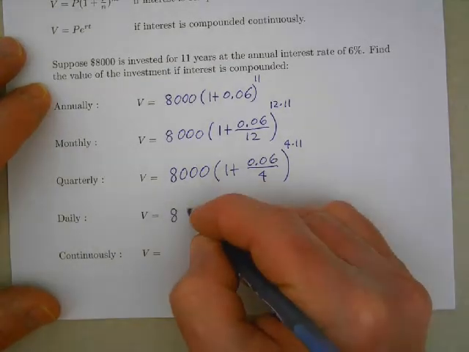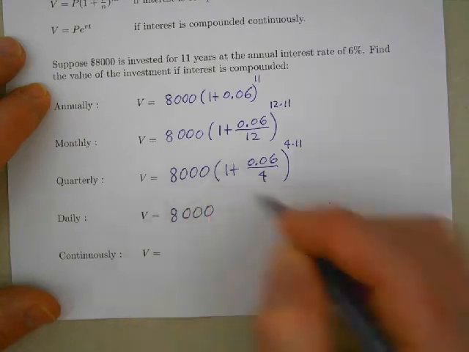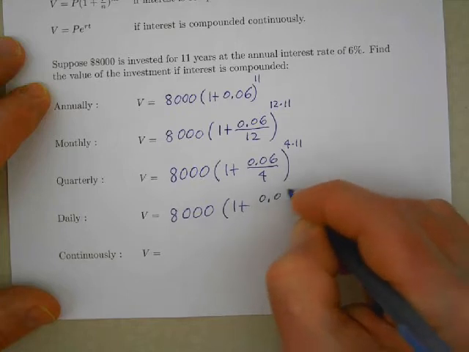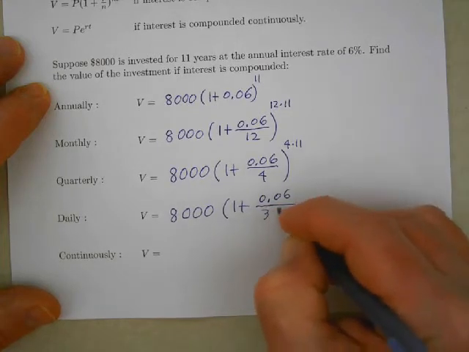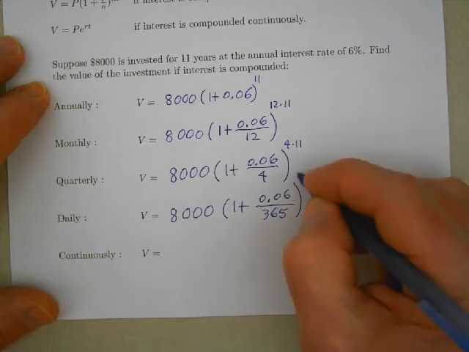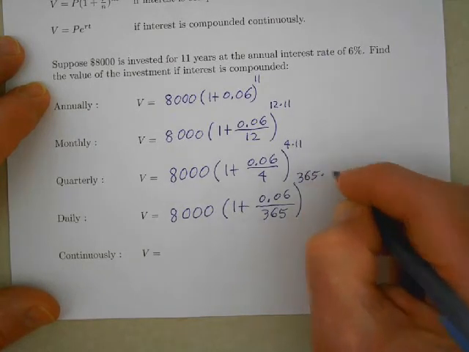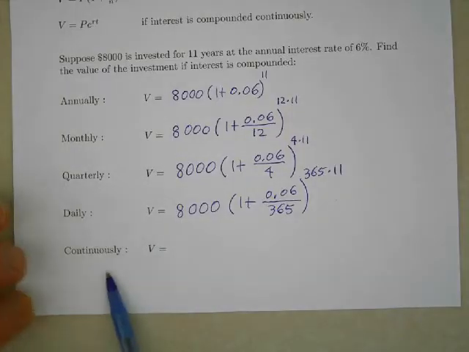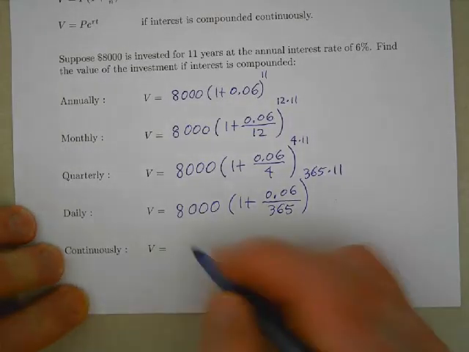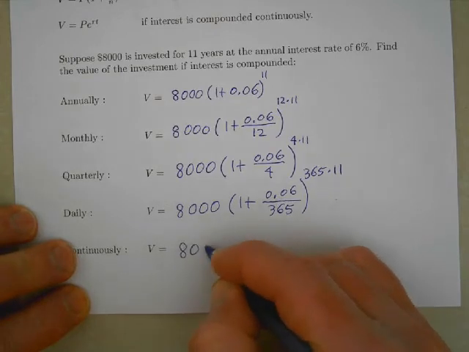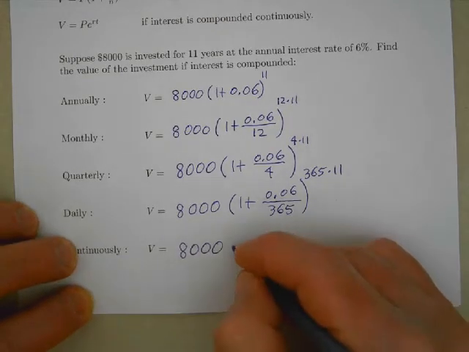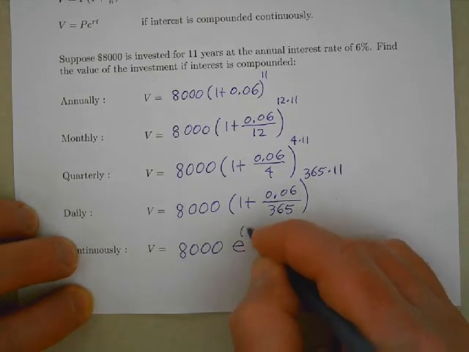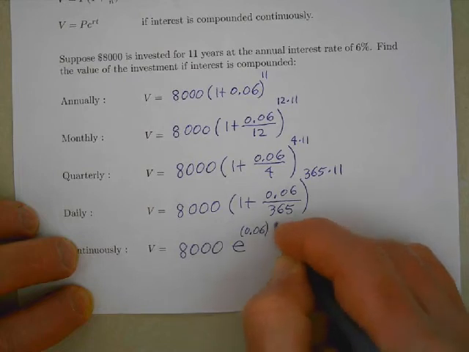So after 11 years, its value is 8,000 times 1 plus 0.06 divided by 365, and the exponent is 365 times 11. Okay, if interest is compounded continuously for 11 years, then the value of the investment is 8,000 times e to the 0.06 times 11.